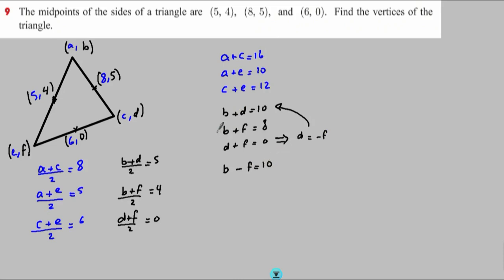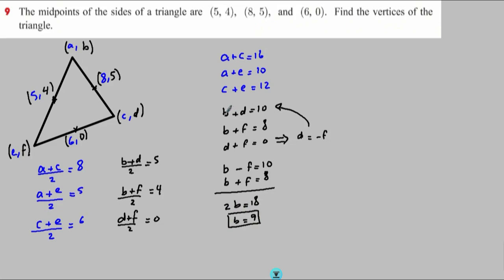And if you look at this equation and we write it again, we have 2 equations and 2 unknowns. We can solve this by elimination. Simply by adding those 2 equations, we get 2B equals 18, so B equals 9. This is our first solution.